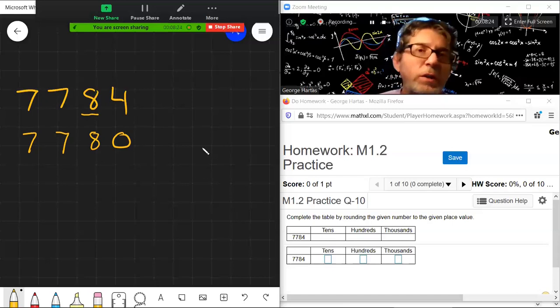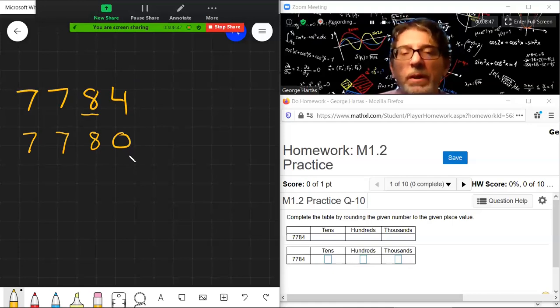Another way you can think of this: let's look at the 84 part. Forget the 77 for now. This number 84 is closer to 80 than it is to 90. So that's an approximation.